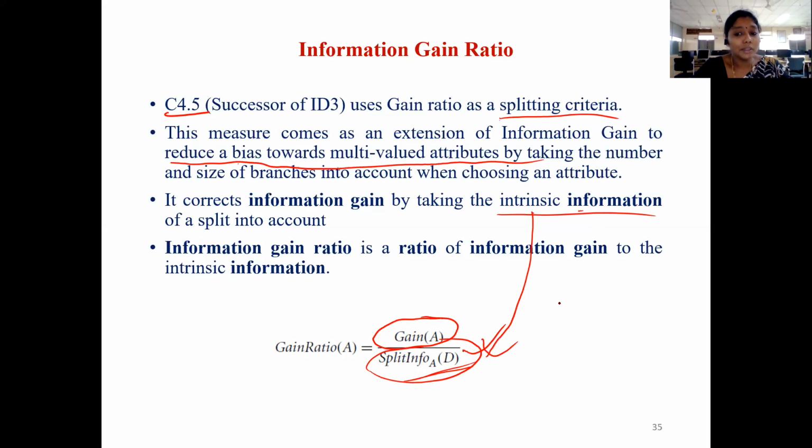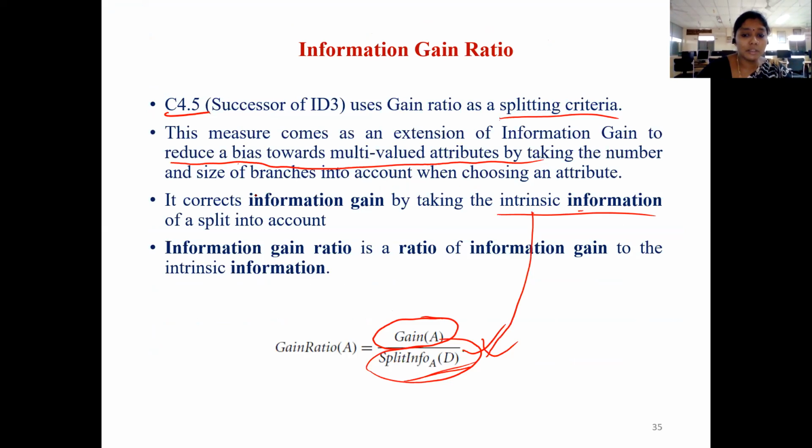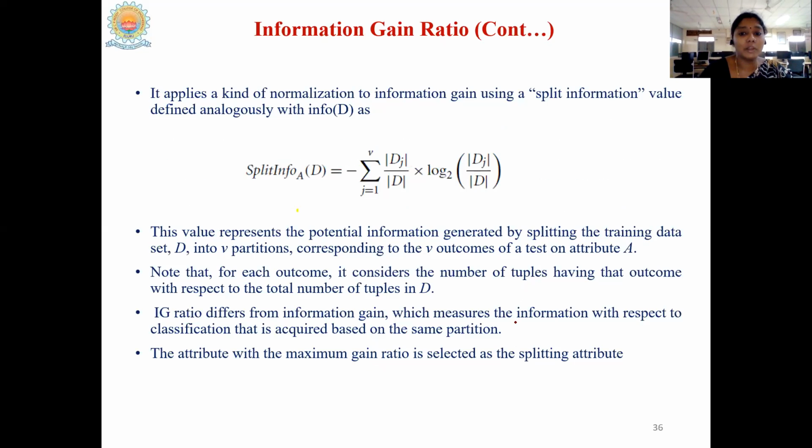So information gain ratio is the ratio of information gain to the intrinsic information. It applies a kind of normalization to information gain using the split information value, and this split information value is obtained like this.